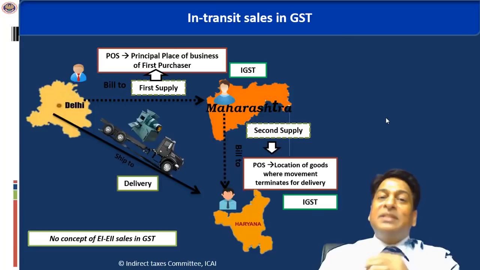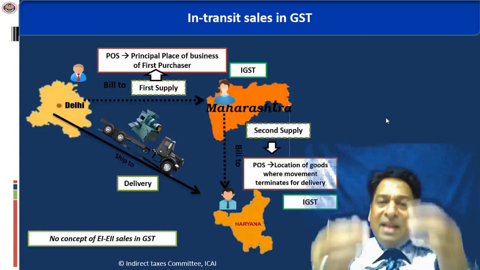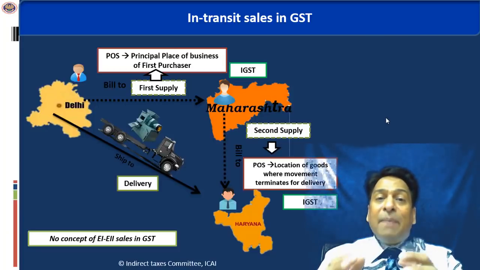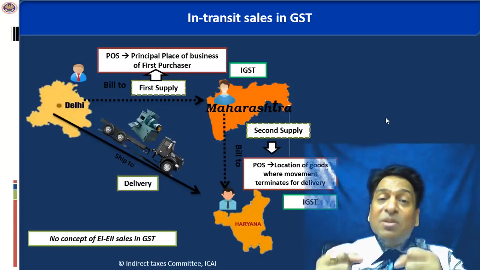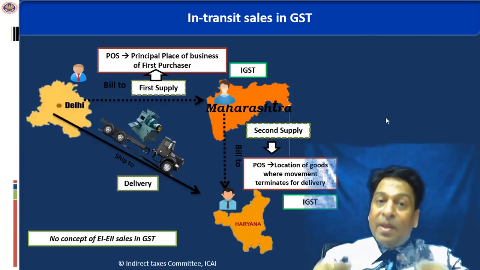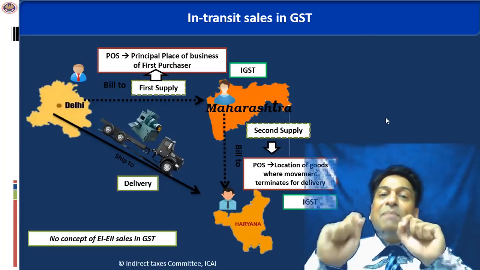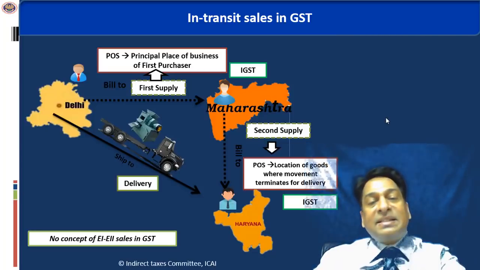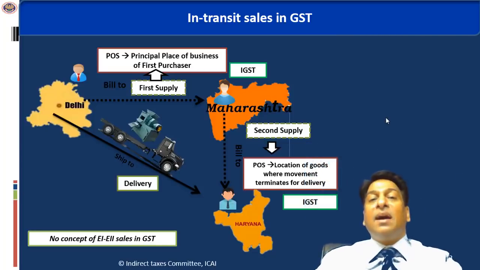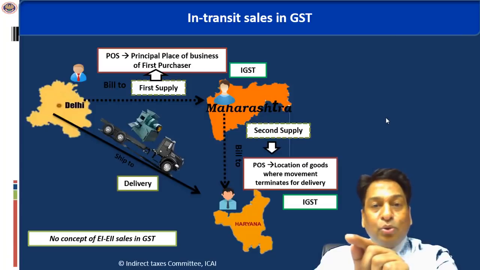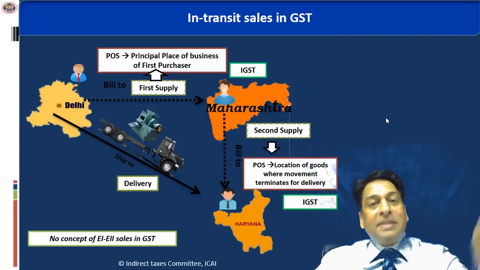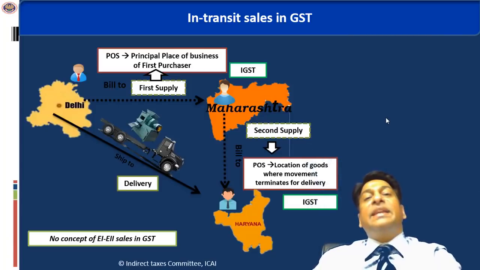For the recipient, the third person in Maharashtra, it is deemed receipt of goods when the goods are ultimately received by the customer in Haryana. So it is called bill to B, ship to C in Haryana.